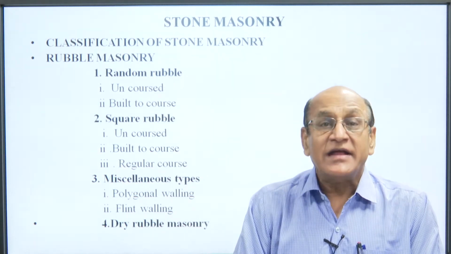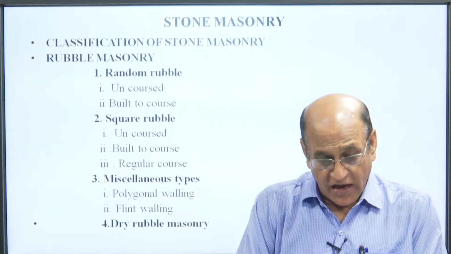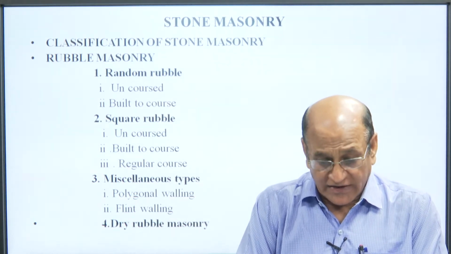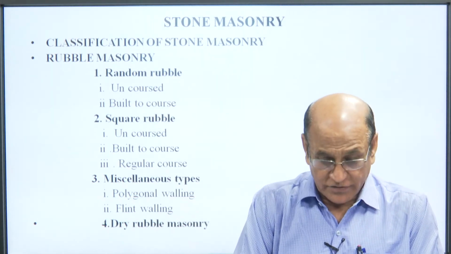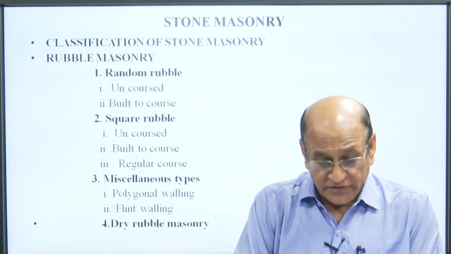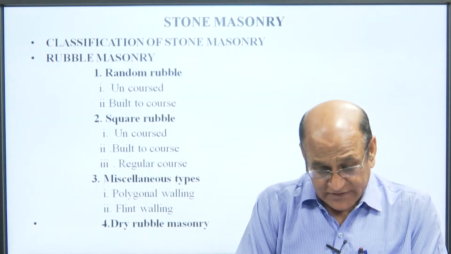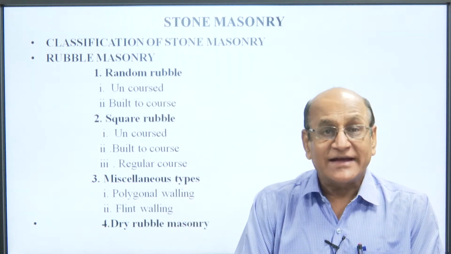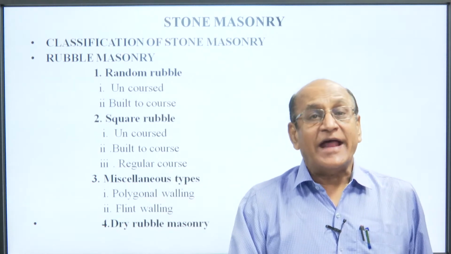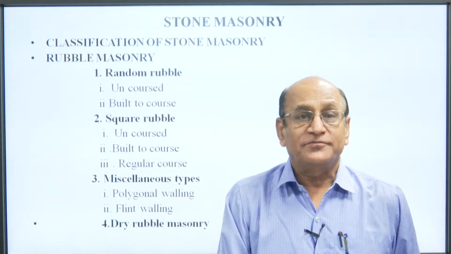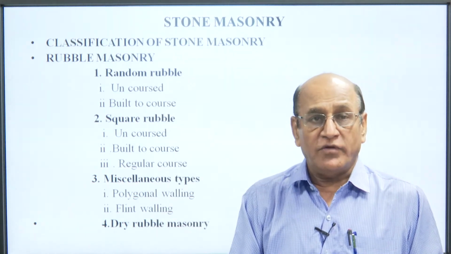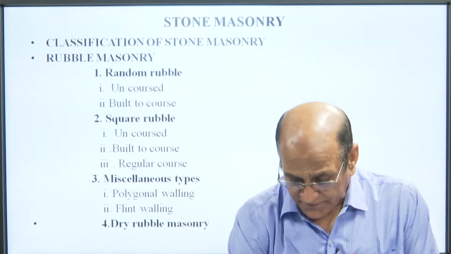Second, square rubble, again uncoursed, built to course, and regular course. Third is the miscellaneous type, which includes polygonal walling and flint walling. Fourth is dry rubble masonry. So today's lecture will move around these topics.